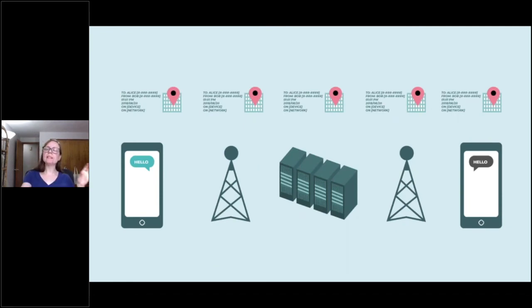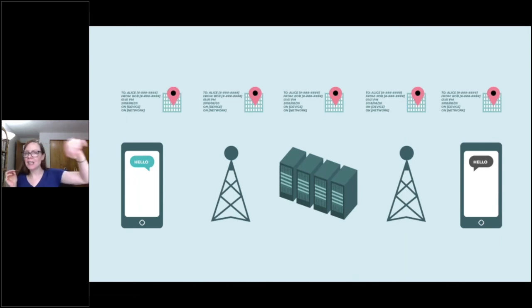The reason that metadata becomes interesting or a privacy concern for some people is that it stops at a lot of different places. So my message might start on my phone, and it'll have this little metadata like, to Alice from Bob, this time, to this device, etc. Then that little envelope will go to a cell tower, and then it might hit a server, and then another cell tower, and then another server, and then a cell tower.